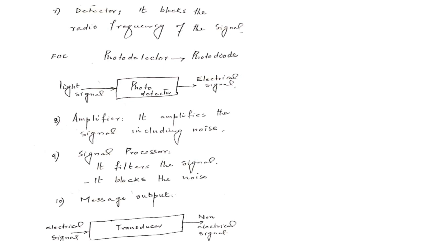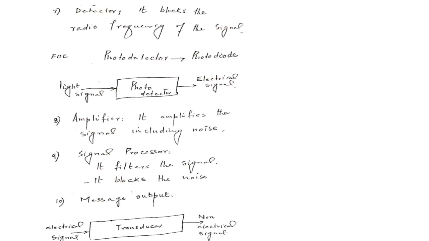We know that whenever we transmit information with the help of a communication system from one place to another place, some unwanted frequencies are added to the signals. And these unwanted frequencies are known as noise. So the signal so far contains noise. So this block amplifies the electrical signal along with the noise.